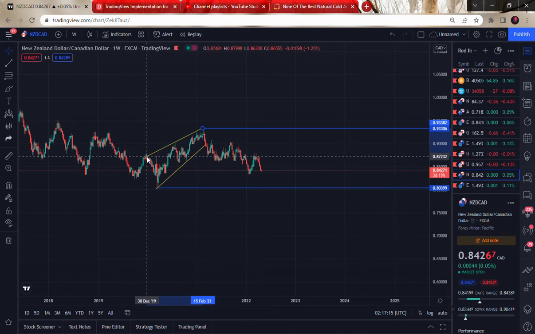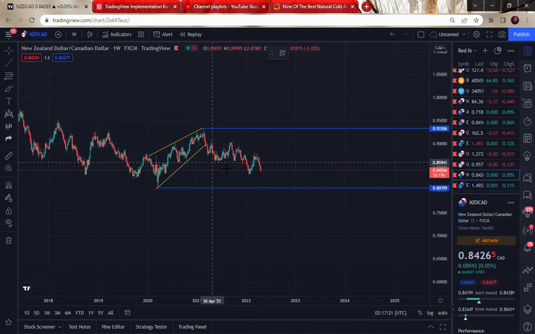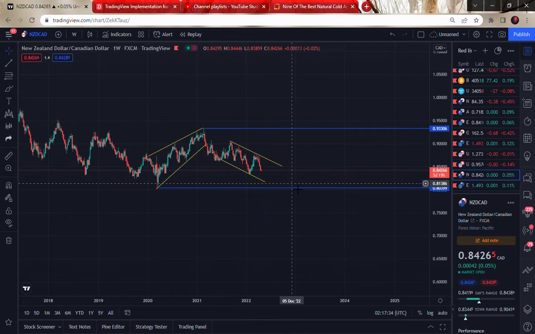Okay, so this is the structure which was broken out of. Price broke out, impulse, and then gave us this correction, then impulse, and then now this correction. So there's really no progress here with price, but price is just moving down correctively like this, right?